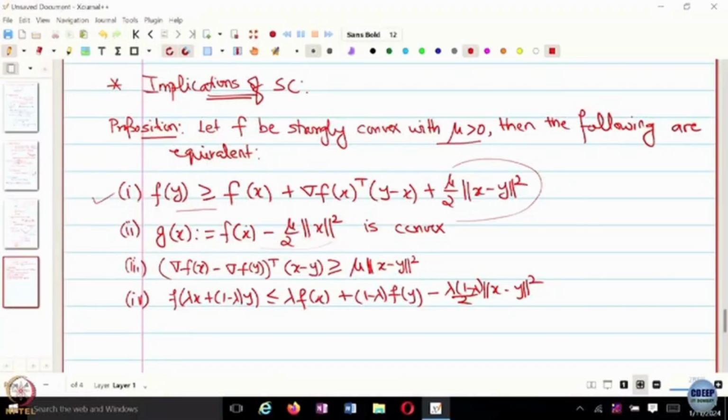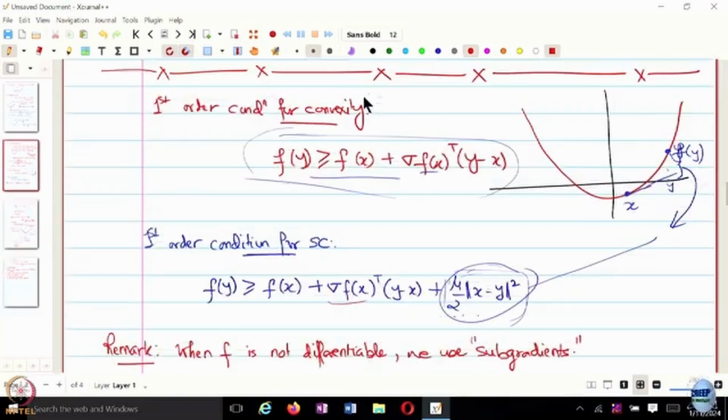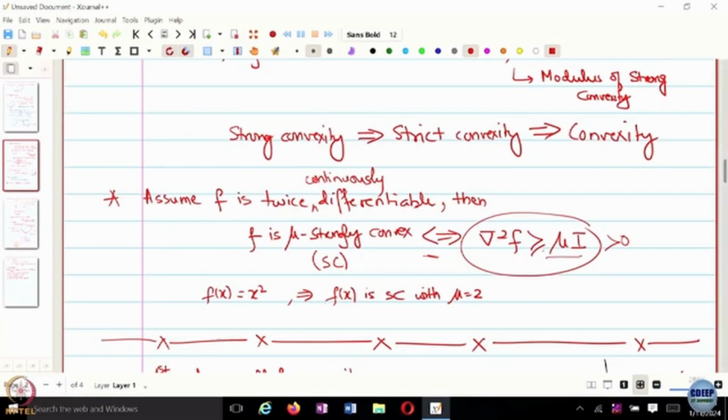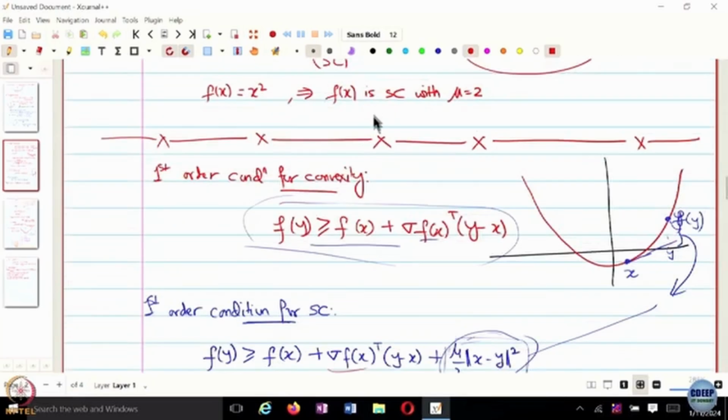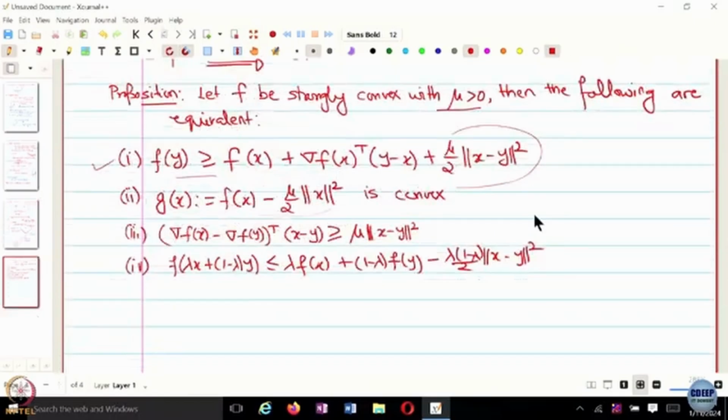All we know is that the Hessian of f is greater than or equal to mu times identity, and for the other one, it's also going to be mu times identity. So we cannot say it's strictly greater than 0, right? Had this been strictly greater than mu times identity, then you could have said that. We are going to prove this as well.